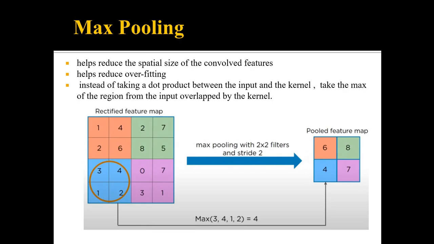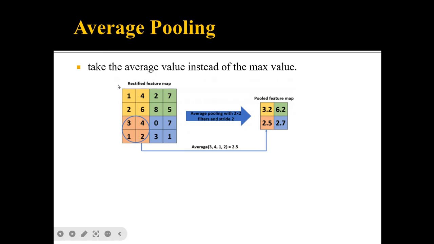Next you have the average pooling. In average pooling, we take the average value instead of the maximum value. This is the figure for that. Again here we are taking the kernel size as 2 cross 2 and the stride is 2. Here the average of 1 4 2 6 is 3.2.